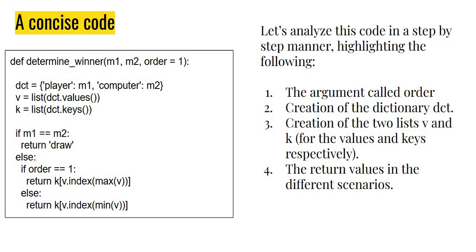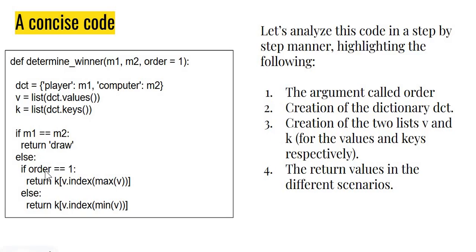I'll give you an idea of the code first, and then we'll start writing it, because that's what makes it more clear. We will create a dictionary inside this function. This dictionary is interesting. The keys of this dictionary are player and computer, because those are my two characters in this game. The values are what are coming from outside, so M1 and M2 are the values. Now, we will separate out the values and the keys, that's the V and the K. If M1 and M2 are equal, it doesn't matter, that's a draw.